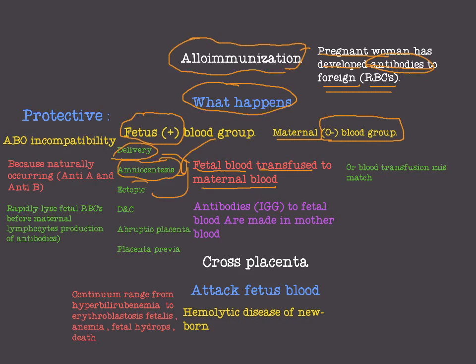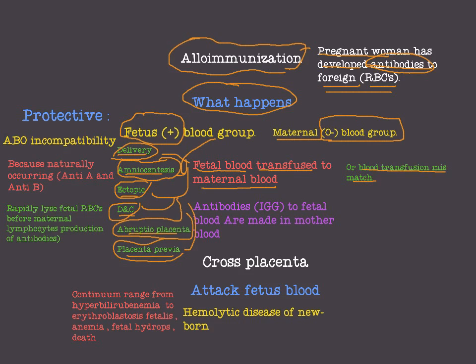ectopic pregnancy, D&C, abruptio placenta, and placenta previa. All these can transfuse the blood of the baby or the fetus to the mother's blood. Delivery, amniocentesis, ectopic pregnancy, D&C, abruptio placenta, placenta previa, or any blood transfusion mismatch.